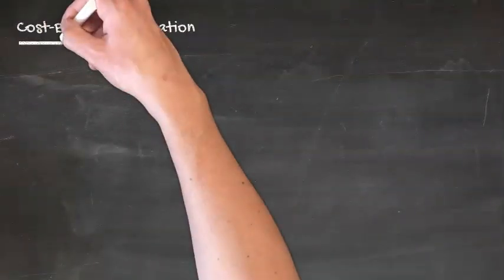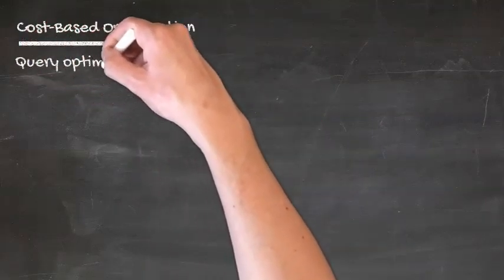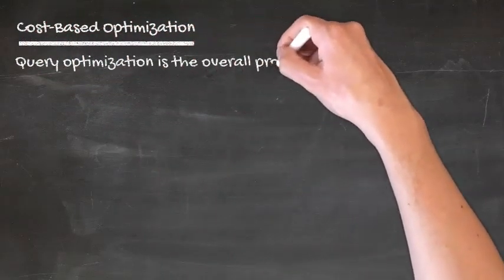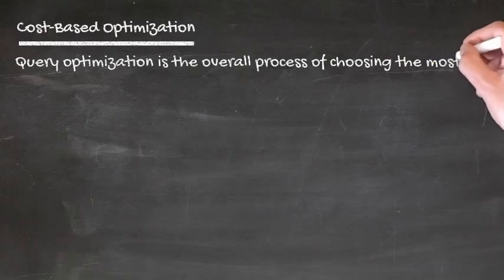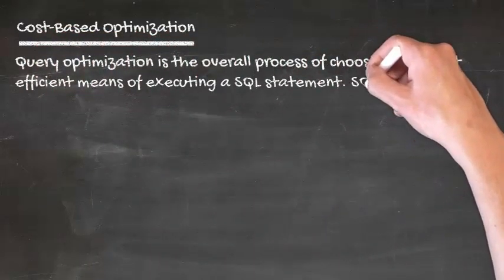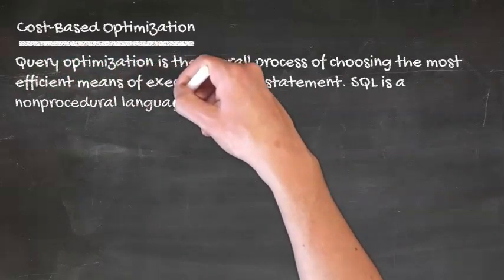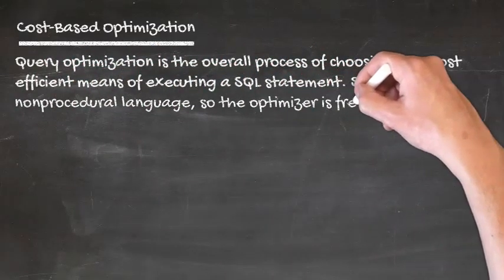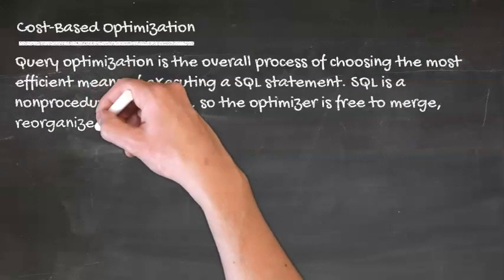Query optimization is the overall process of choosing the most efficient means of executing a SQL statement. SQL is a non-procedural language, so the optimizer is free to merge, reorganize, and process in any order.